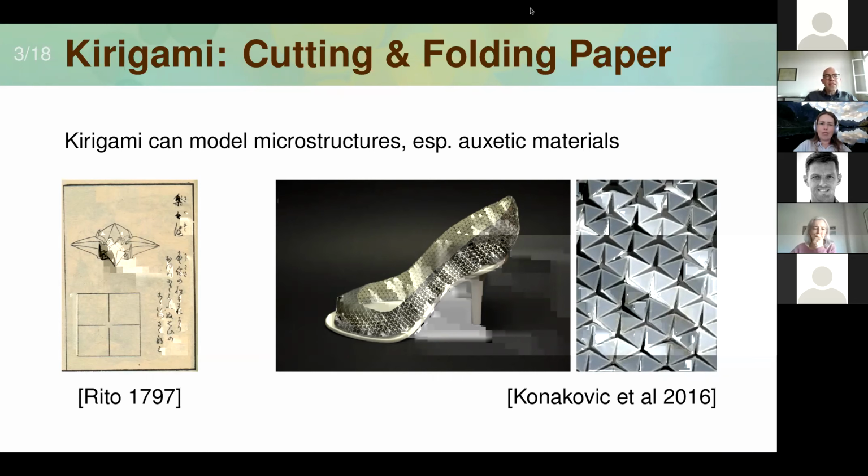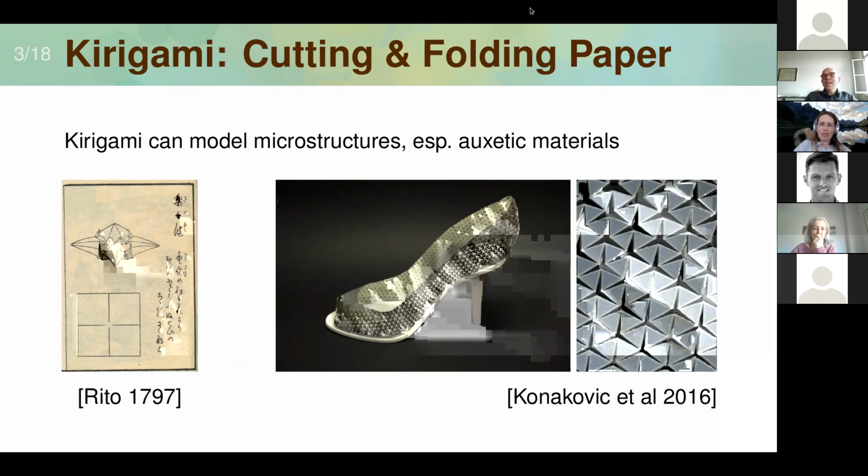The reason why Kirigami has become interesting is because it can model microstructures, or what is called mechanical metamaterials, especially auxetic ones. I'm happy that Mark is in the audience because what I'm showing here is a paper by Mina Konaković and co-authors that has been done in his group.